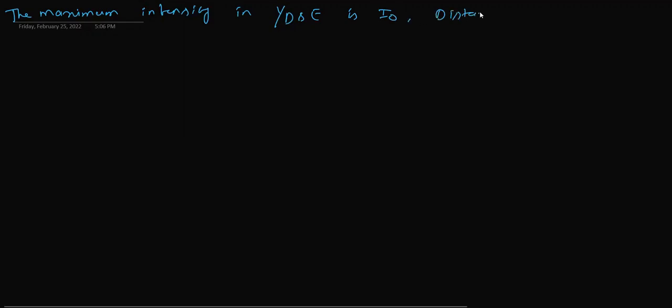Distance between the two slits is 5 lambda. Distance between the two slits is 5 lambda means nothing, 5 lambda.